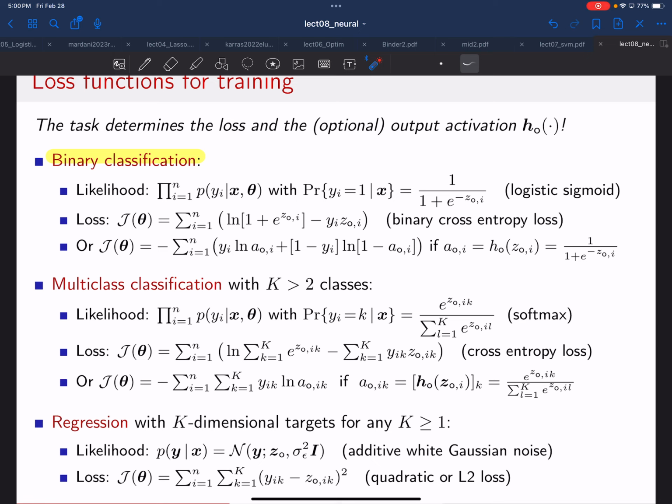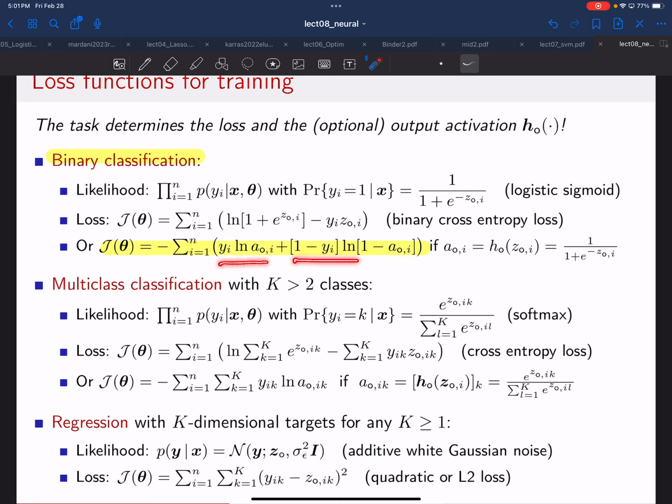Now it turns out that there is a way to rewrite the loss based on the outputs of the sigmoid. We'll call them here a_o. And when you rewrite the loss that way, it takes this form. To me it looks a little bit more symmetric than this version.